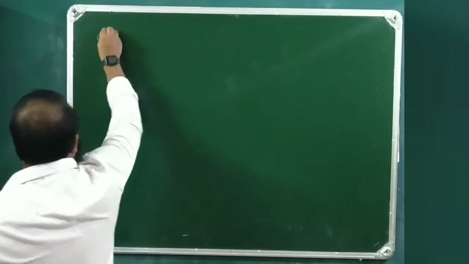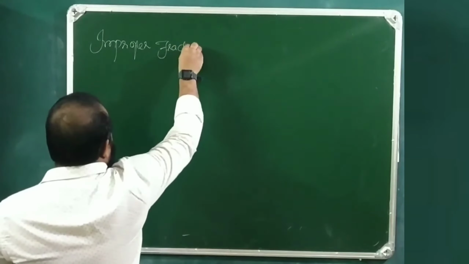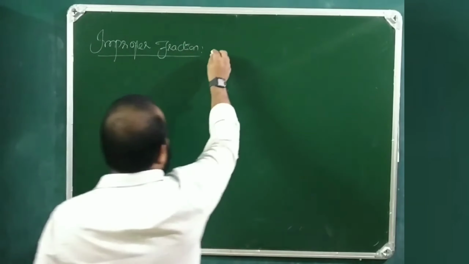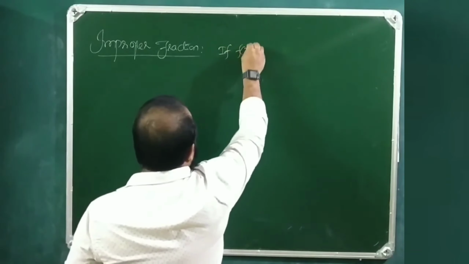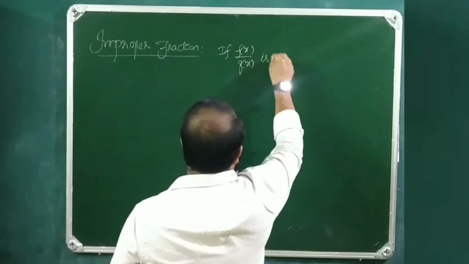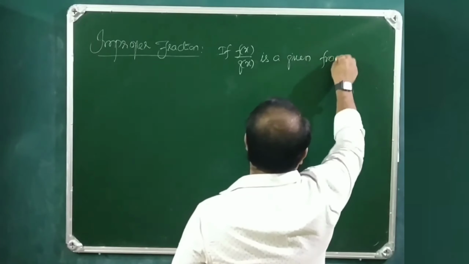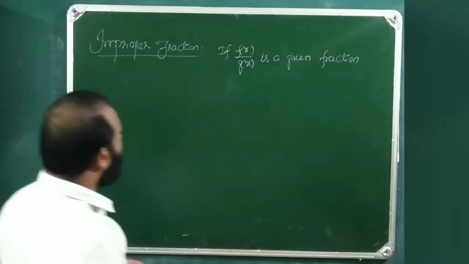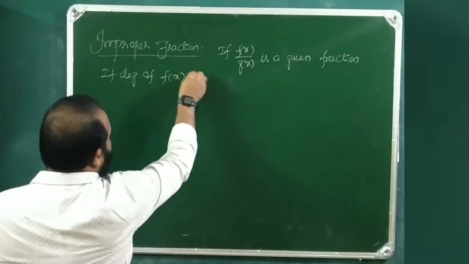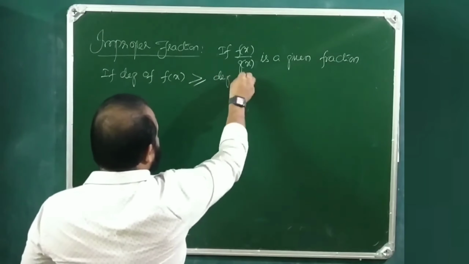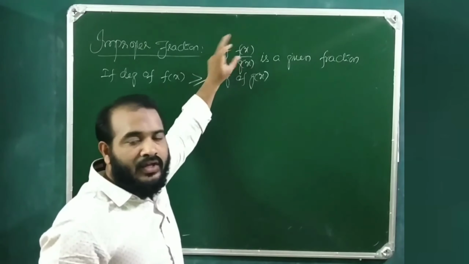So, improper fraction: if f of x by g of x is a given fraction, and the degree of f of x is greater than the degree of g of x, then that kind of fraction is said to be an improper fraction.